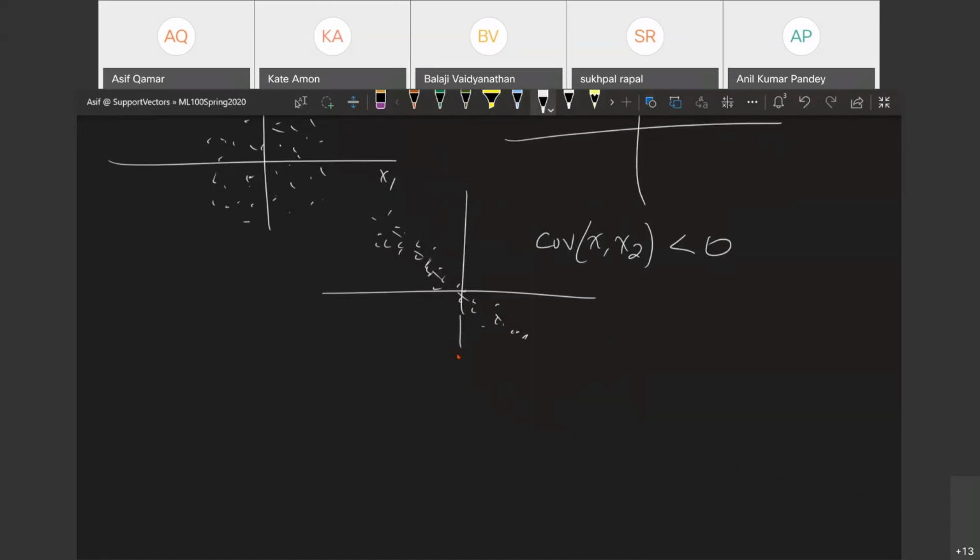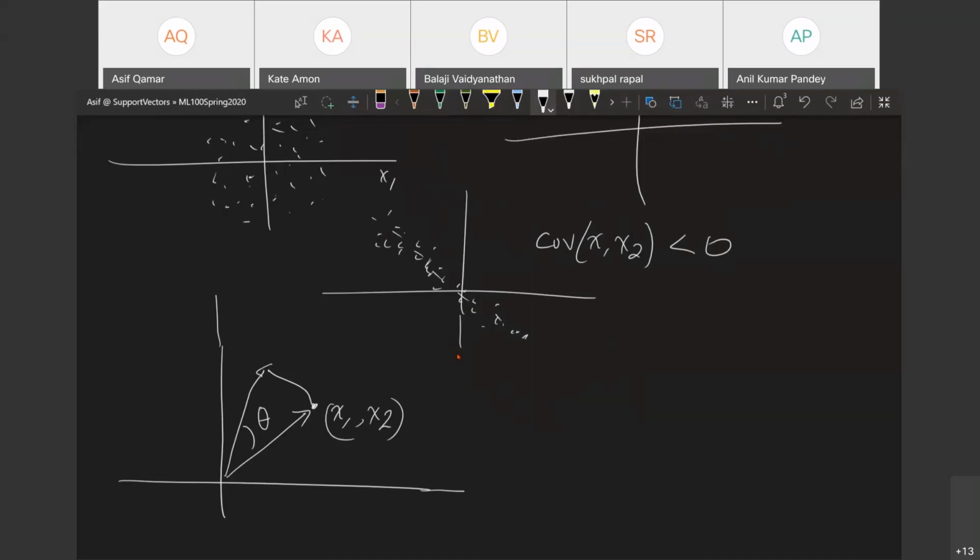Imagine that you have a point, any point. Let me use the point x1, x2. Let us say that I can rotate this point by a certain angle theta. Now, you come to another point x1 prime, x2 prime.